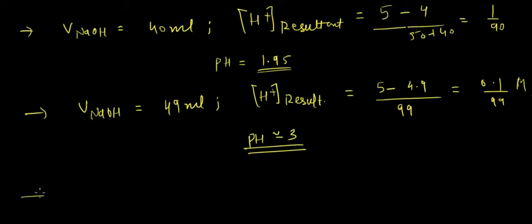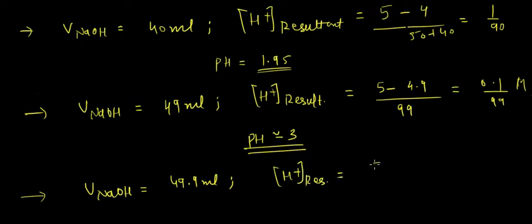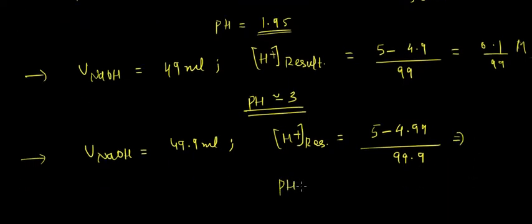Okay, now let's see, when volume of NaOH used is 49.9 ml, then H plus resultant would be 5 minus 4.99 upon 99.9. So in this case pH of the solution can be calculated, so pH came out around 4.